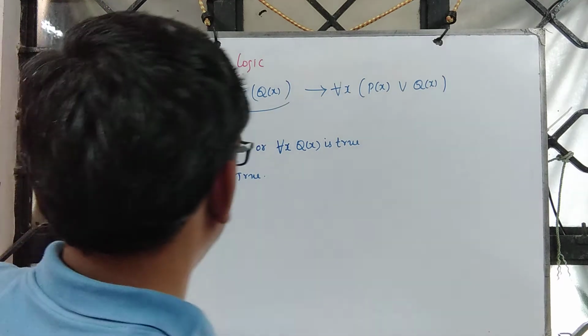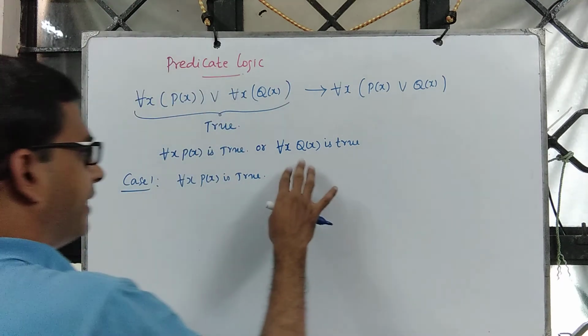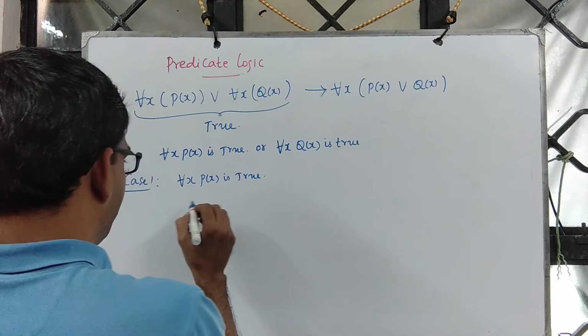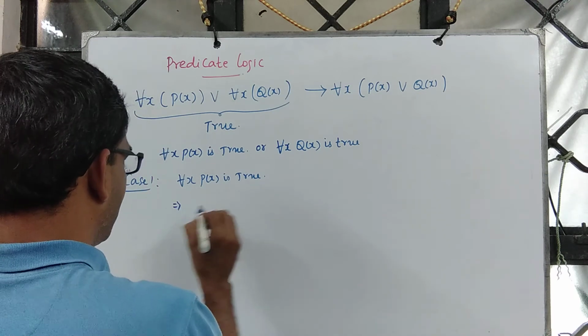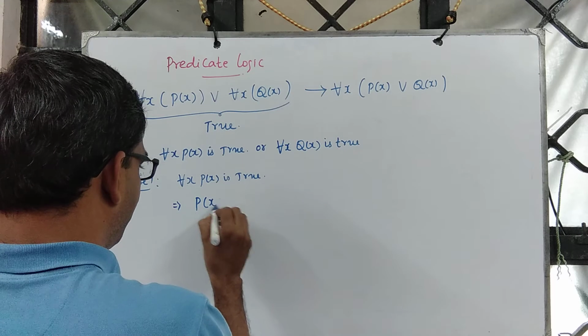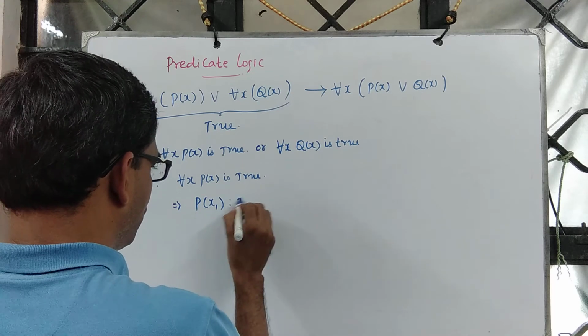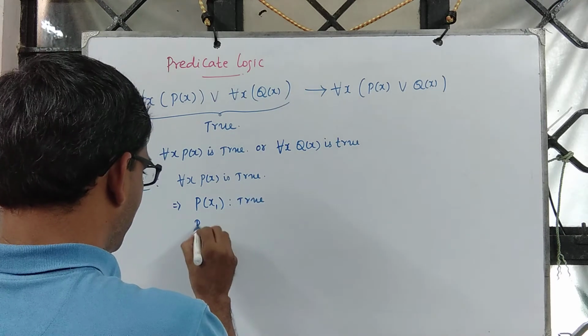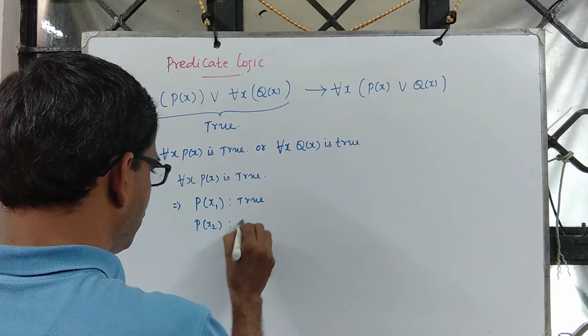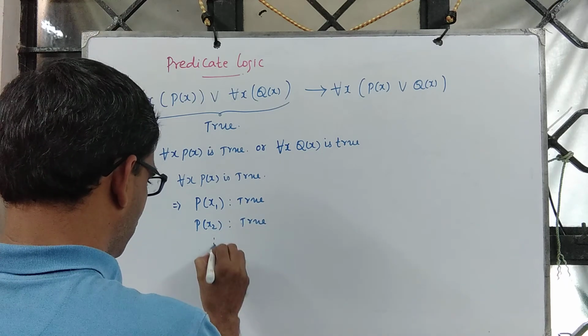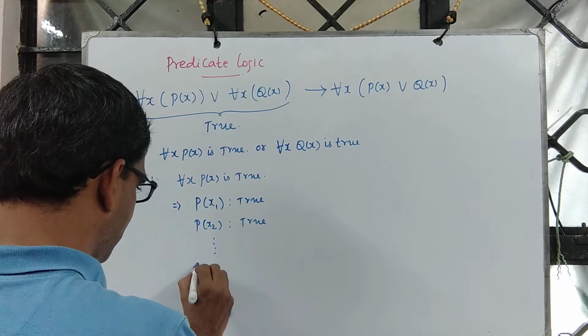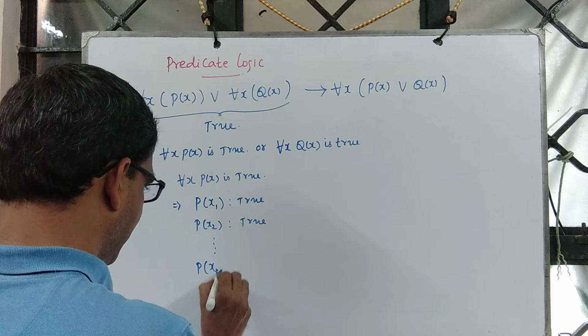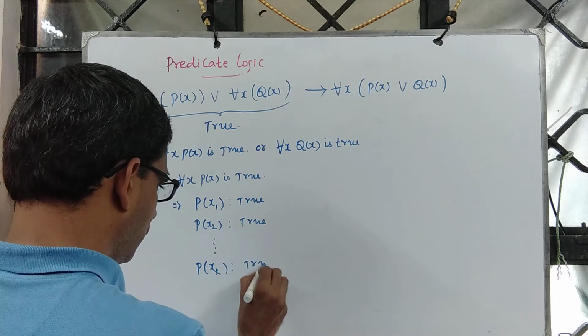Okay. Then independent of this, so what does that mean? This implies that p of first element is true, p of second element is true, and so on up to, say, p of xk, it is true.